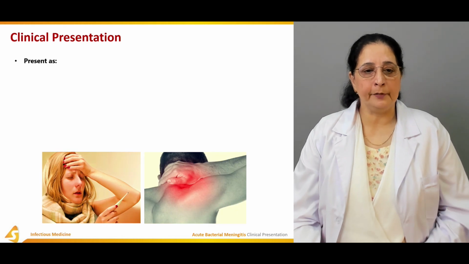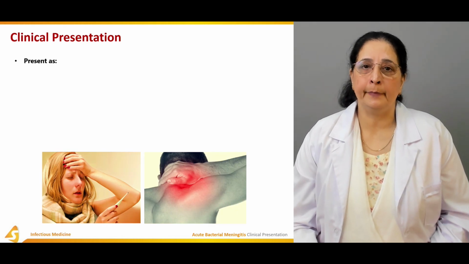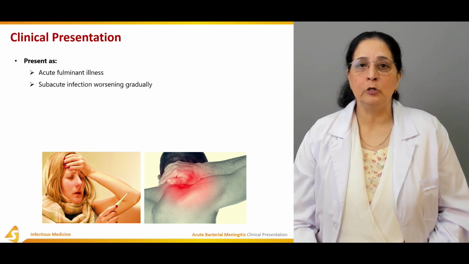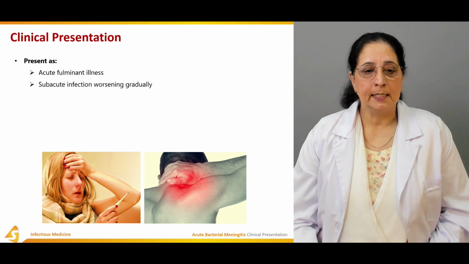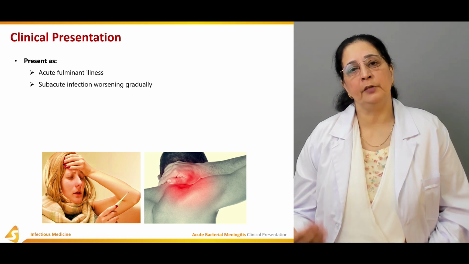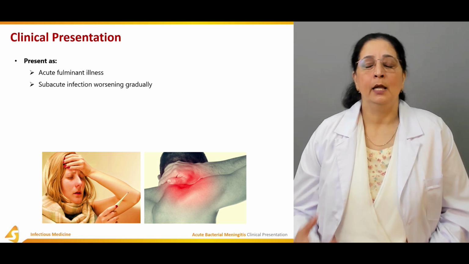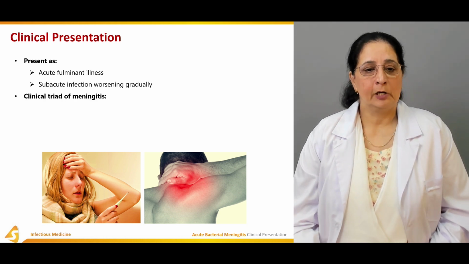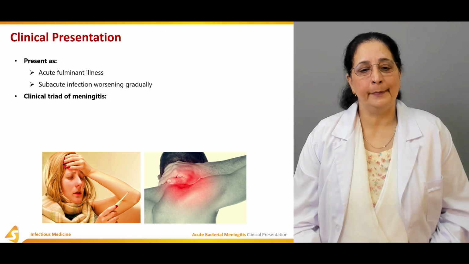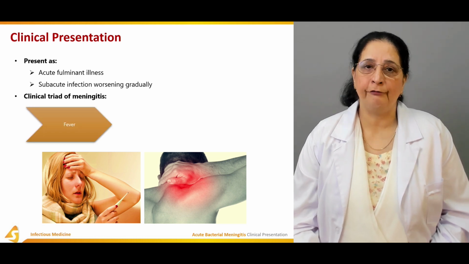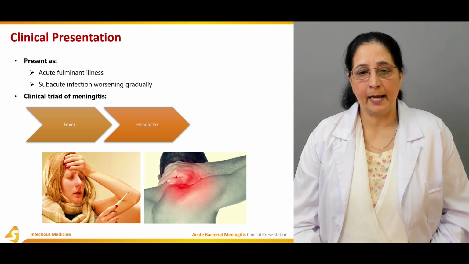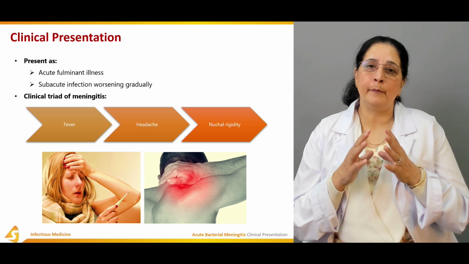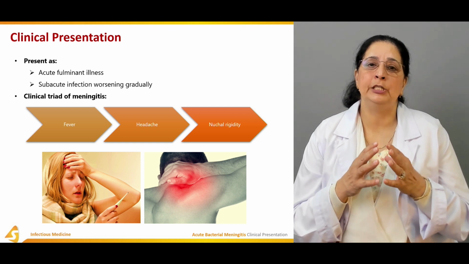So the clinical presentations: bacterial meningitis presents as an acute fulminant illness, or as subacute infections which worsen gradually, slowly progressing and worsening. The clinical triad of meningitis is fever, headache, and neck rigidity. These are very promising features of meningitis.